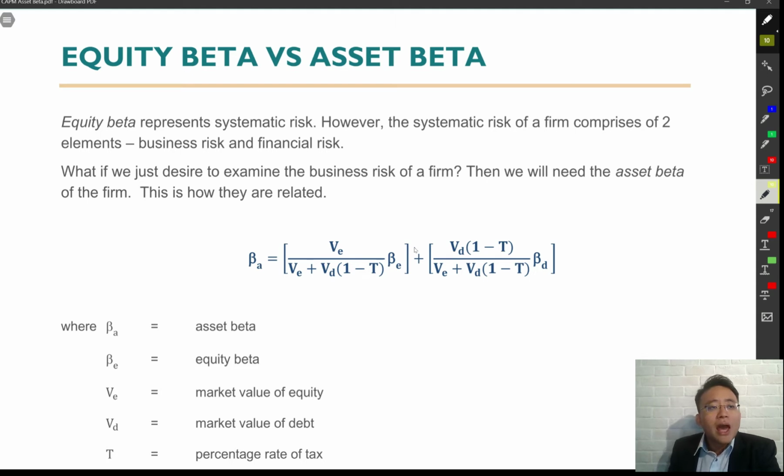So, equity beta, as we said earlier, represents systematic risk. However, systematic risk has two components. They are business risk and financial risk. In simple terms, business risk is just the risk of your business model.